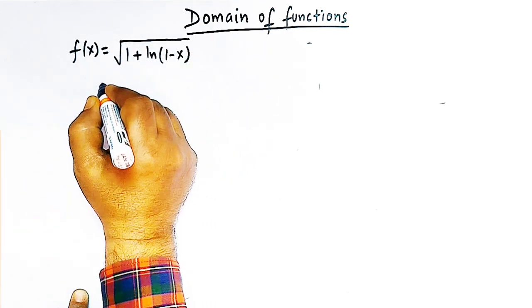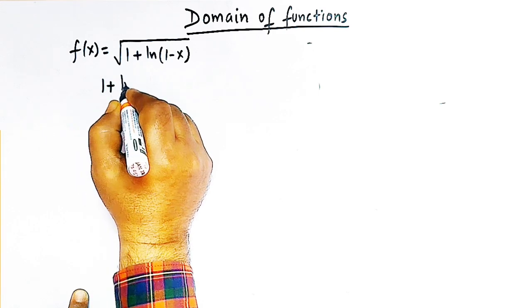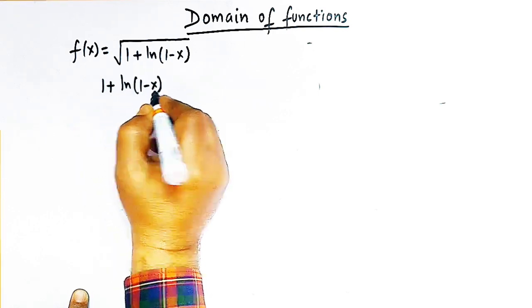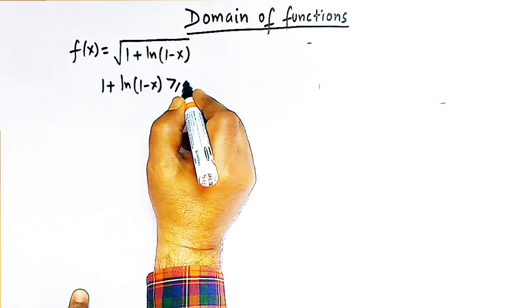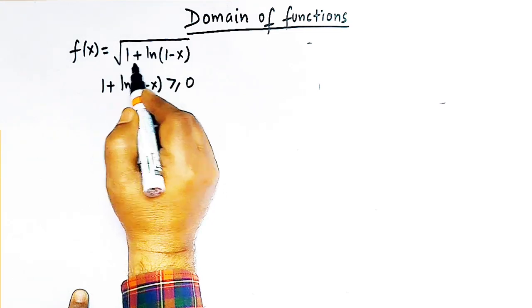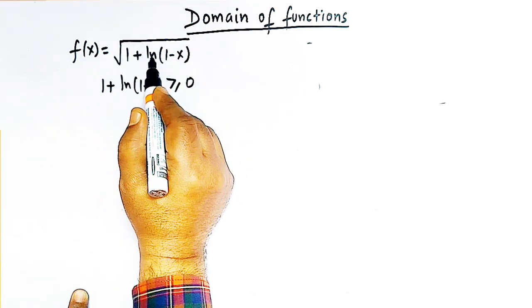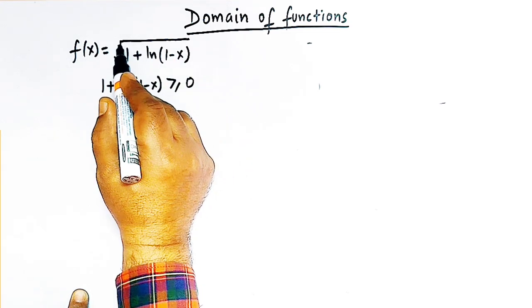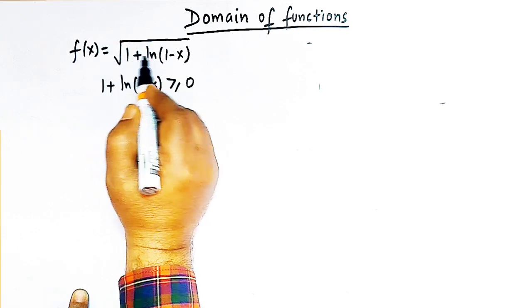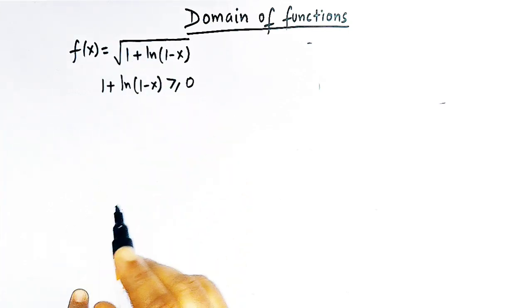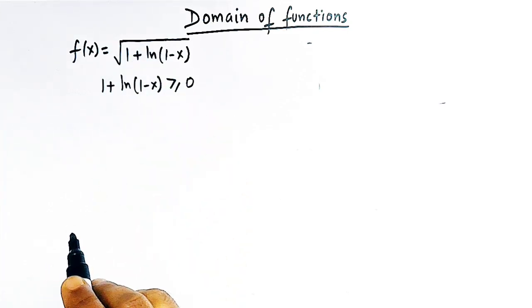So the first condition is that 1 plus natural log of 1 minus x should be greater than or equal to 0, because we cannot have this term as a negative term, because the square roots of negative numbers are not defined on the set of real numbers, right?